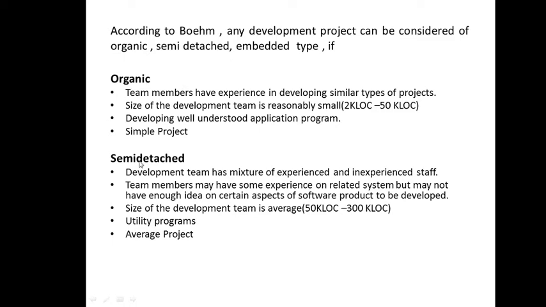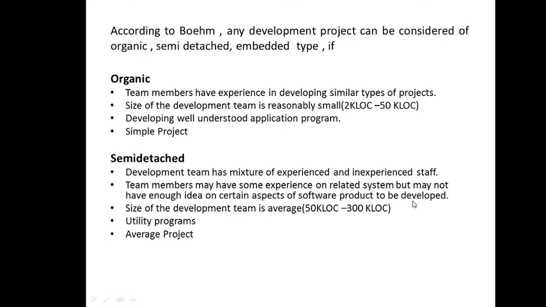But if I consider semi-detached, I said it belongs to the utility program category, while the complexity of the project is average. That is, it's more complex than the organic ones. The size is in the range 50 to 300 KLOC, kilo lines of code, which is more. Team members must have some experience on related systems, but may not have enough idea on certain aspects of the software product to be developed.